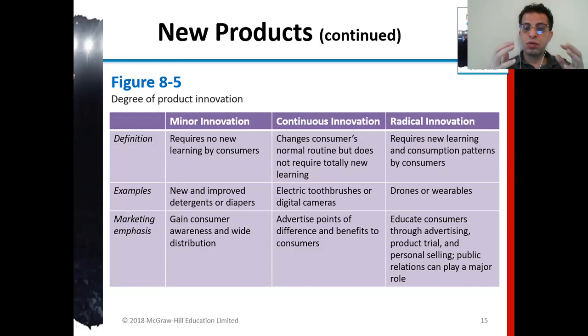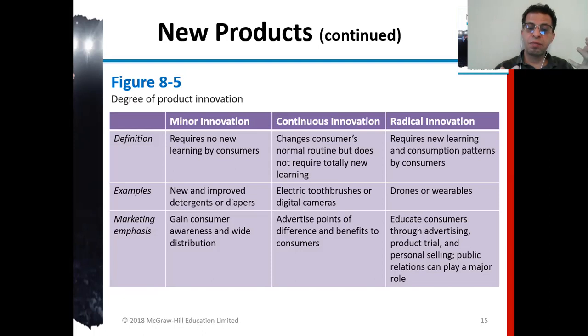But continuous innovation changes the consumer's normal routine, but does not require new learning, just like an electric toothbrush or digital cameras.